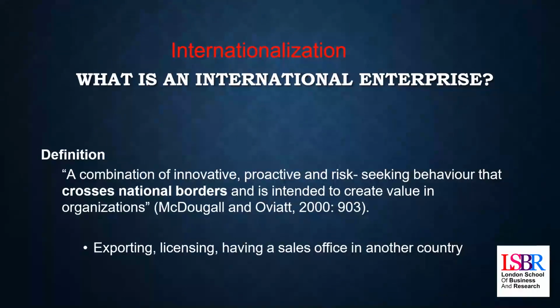So internationalization is all about making your goods and services available in another country. If we're talking about what businesses do, businesses don't globalize, businesses internationalize. Globalization is the effect of internationalization, but internationalization is the act of a business looking to expand beyond its domestic border.